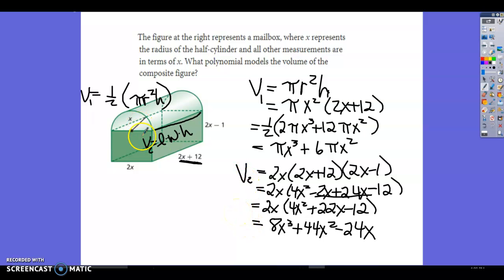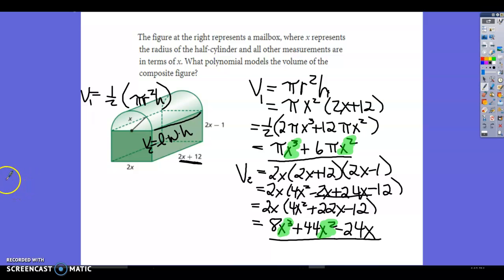Now, to find the volume of the whole mailbox, I have to add this and this together. Okay, so I can see that I have some like terms. I have an x to the third and an x to the third, and I have an x squared and I have an x squared. So let's add these two terms together.